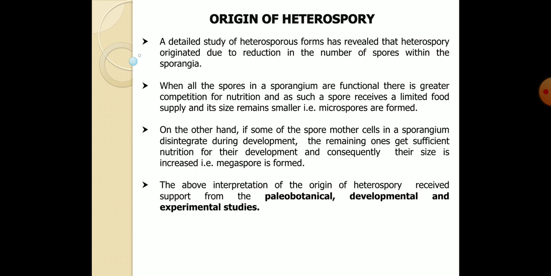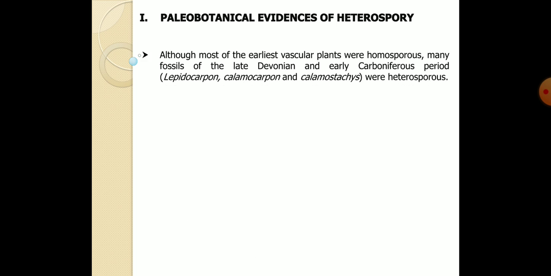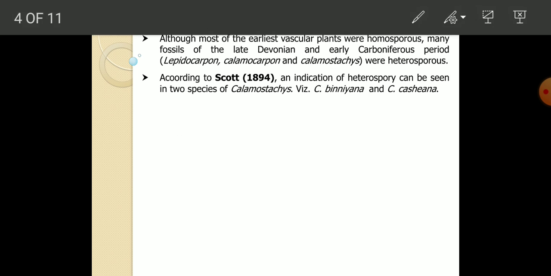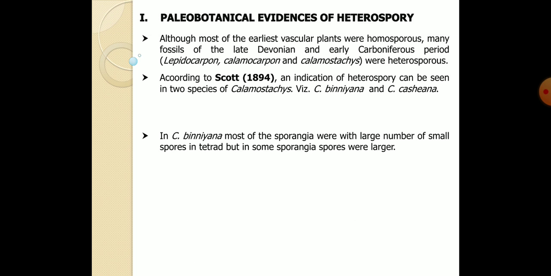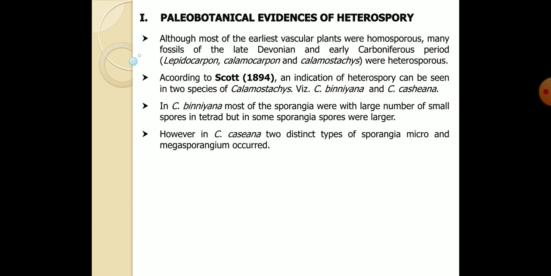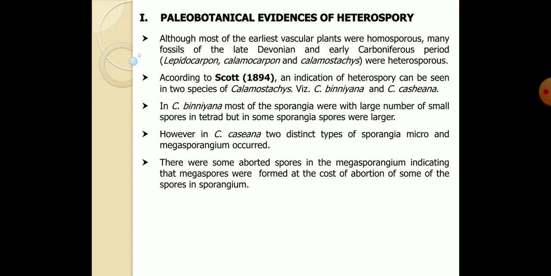Various evidences, the paleobotanical and developmental experiments, show some reasons for the formation of the microspores and the megaspores. Various scientists have explained why these heterosporous conditions are formed. Based on evidence from paleobotanical studies, we have gathered knowledge of the heterosporous condition. The first one is Scott in 1894.